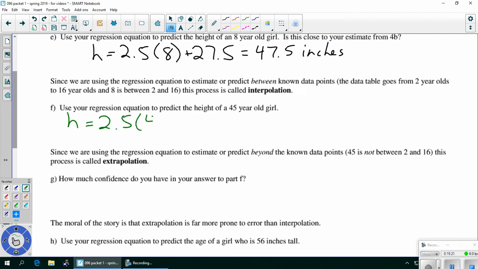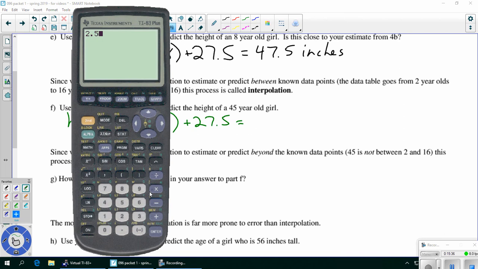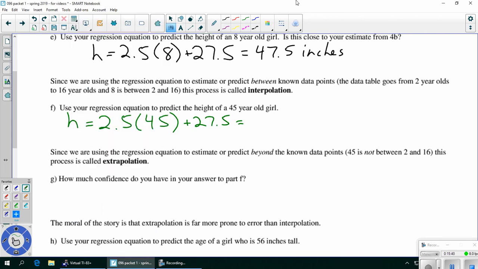H is 2.5 times A, which becomes 45, plus 27.5. Okay, so we're going to type this one into the calculator. So 2.5 times 45 plus 27.5, 140.